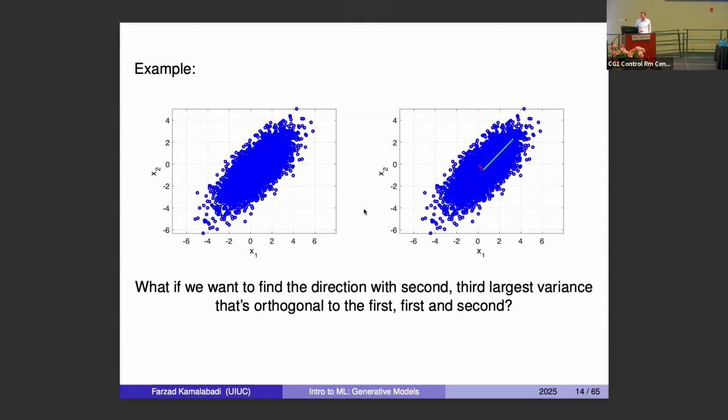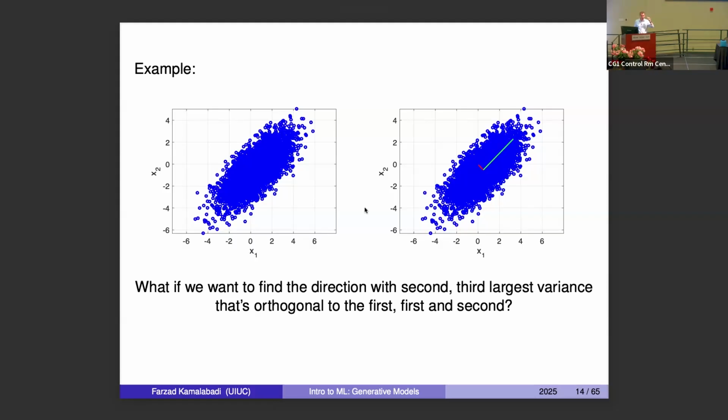So first of all, pictorially, I showed you this. This is, for example, the direction of that vector. What if we want to find the direction with the second largest, the third largest, fourth largest variance, and so forth? But one more condition.